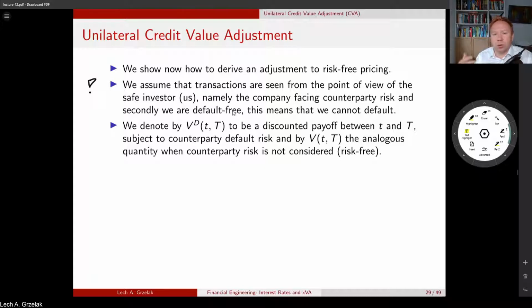Just to give perspective on how this CVA adjustment works, imagine you have two counterparties that would like to buy a swap from you. Of course, in a risk-free world, you would say the value of a swap is just the discounted future cash flows. But if you start taking into account the probability of default of the counterparties, and possibly the current portfolio that they have with us, that could have an impact on the valuation.